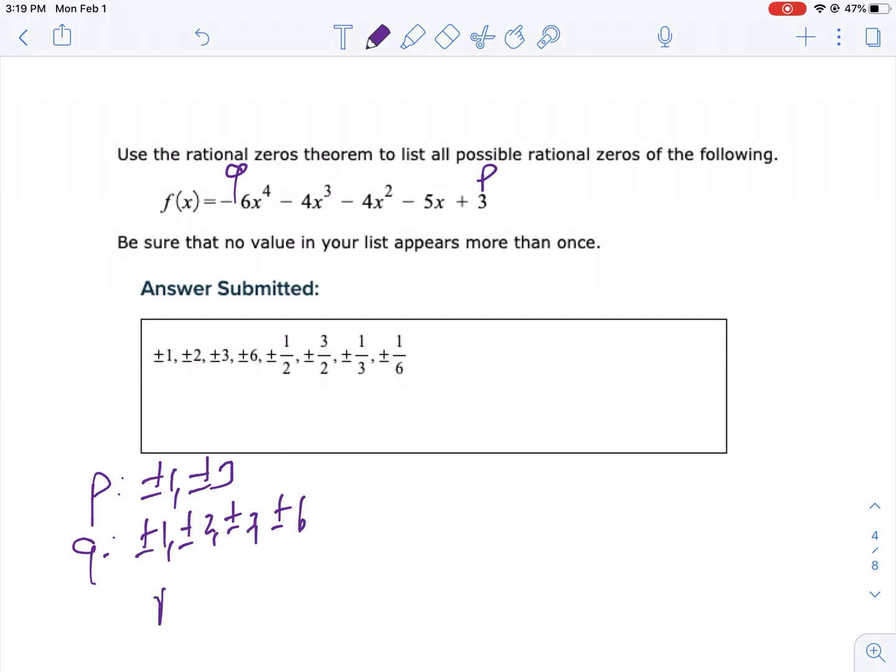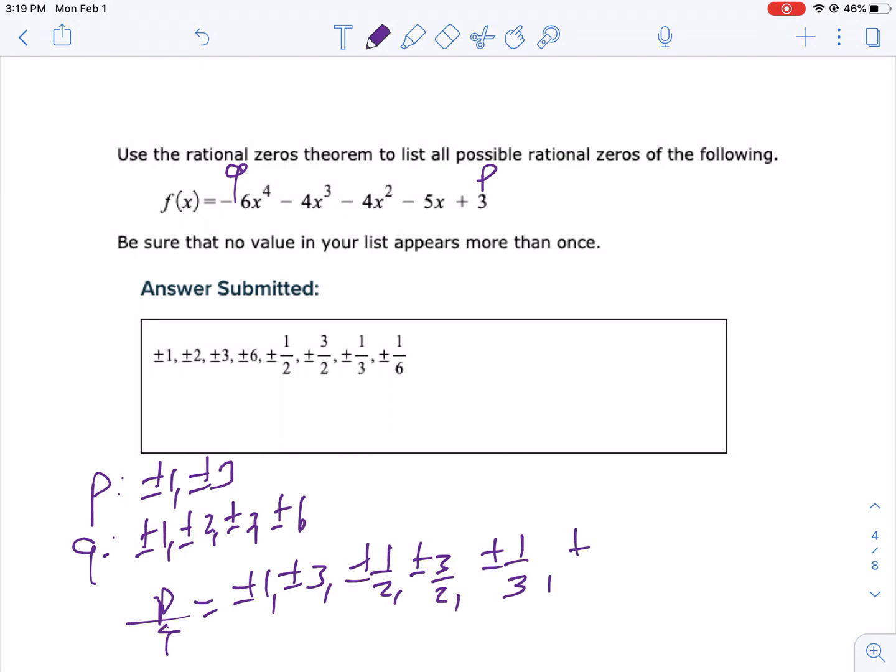Now p over q, well, it'll be plus or minus 1, plus or minus 3, plus or minus 1/2, plus or minus 3/2, plus or minus 1/3, but 3 over 3 is 1, so you don't have to rewrite that again, plus or minus 1/6, plus or minus 2/6, which would be 1/3, which you already have, or 3/6, which would be 1/2, which you already have. These are all your roots.